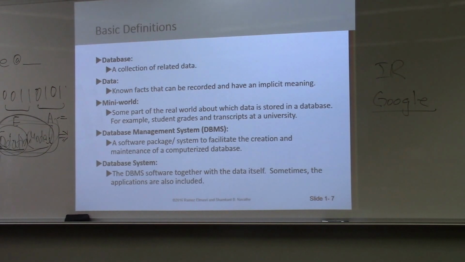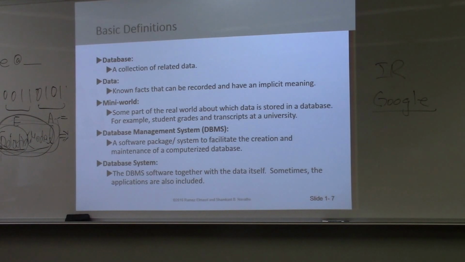Then the DBMS is the software that implements such a data structure or model or the rules. For example, Oracle, Informix, IBM DB2, and SQL Server. These are samples of DBMS software. Then finally, our goal is to develop the database system.